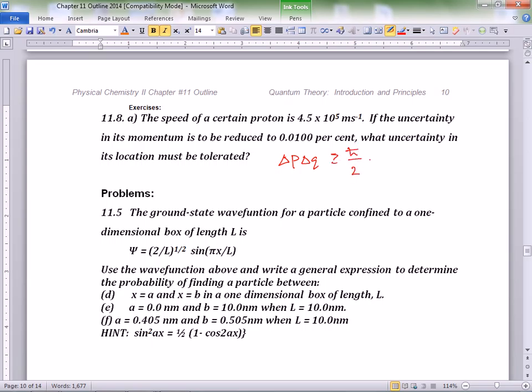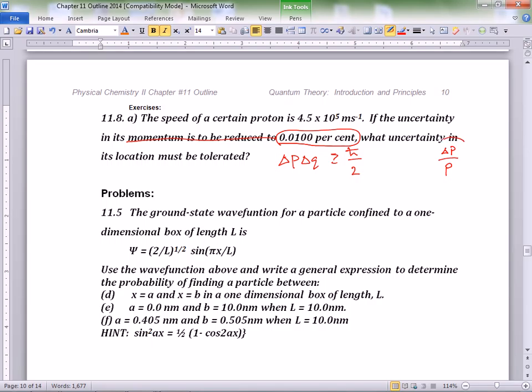Okay. And I think the only trick to this, and once you see it once, it's not so bad. When they say the speed of a proton, here, this part, 0.01%. The uncertainty in the momentum is 0.01%. I wish they would use all the words, right?